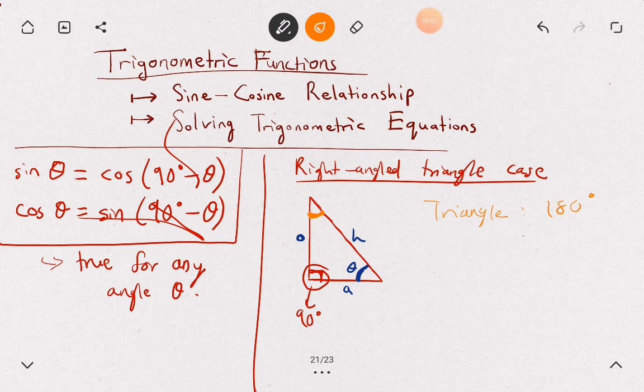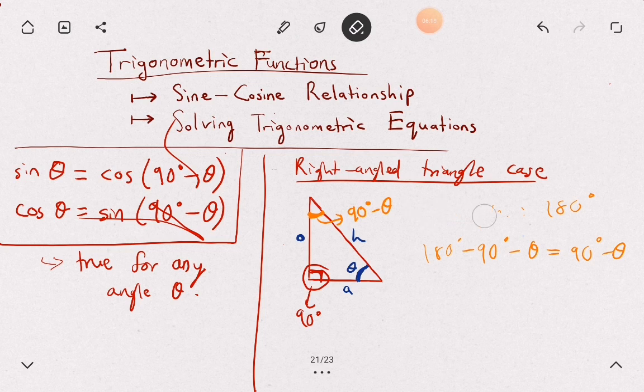So one of it is 90, the other one is theta, right? So what is the third one? You just take 180 minus 90 minus theta, and this gives you 90 minus theta. So this angle here is 90 degrees minus theta.